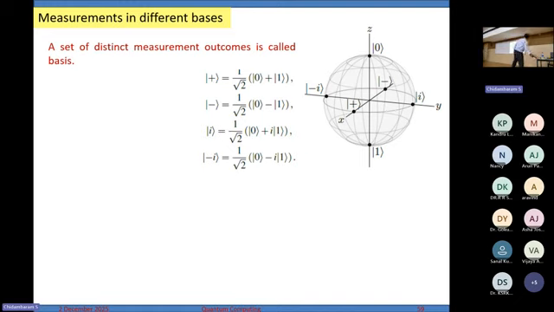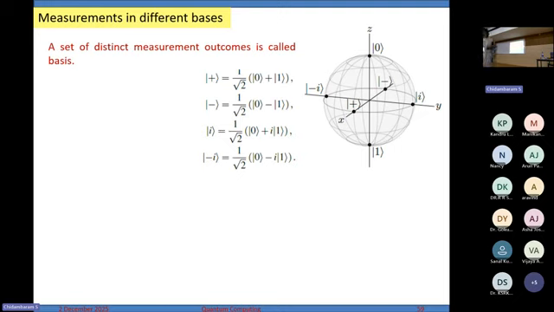I have multiple bases like this. I have the Z basis, in which I have 0, 1. I have the X basis, I have plus, minus. So you have the Z basis, in which you have ket 0, ket 1. You have the X basis, with the measuring states ket plus and ket minus.